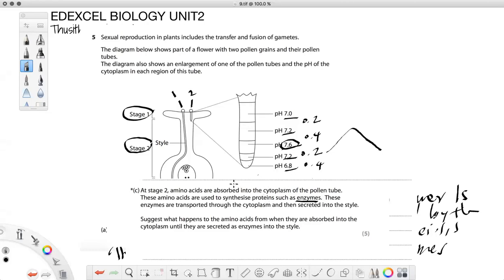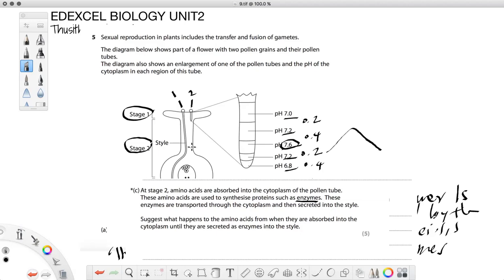Right, the general idea is the pollen tube also absorbs nutrients, and the nutrients are used to grow and also produce the enzymes. So stage 2 is at this point, amino acids are absorbed into the cytoplasm of the pollen tube.